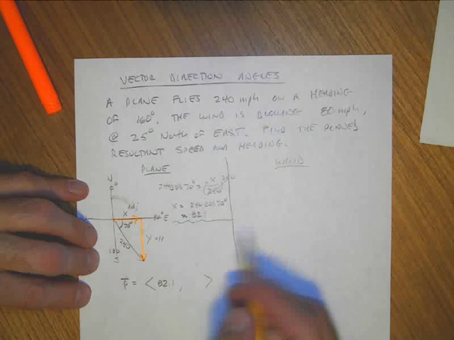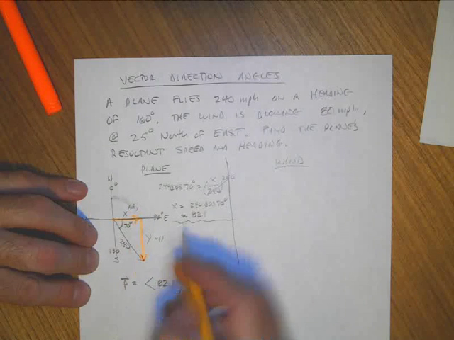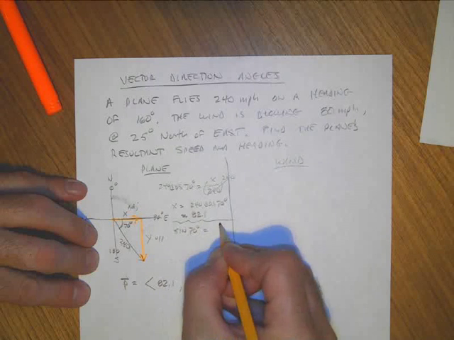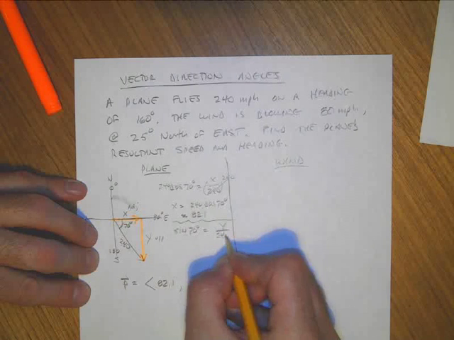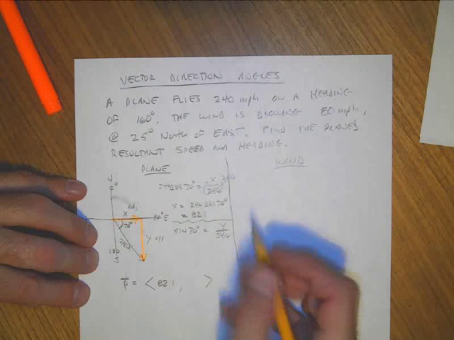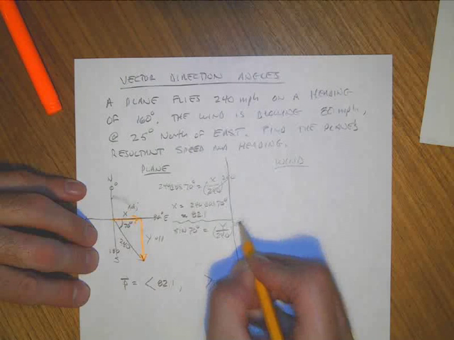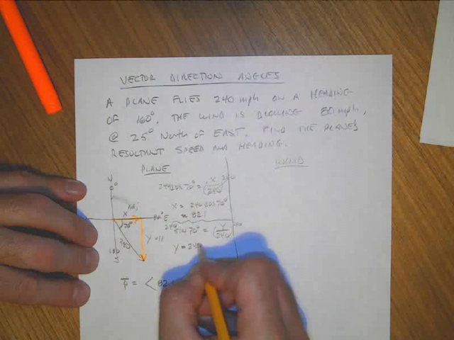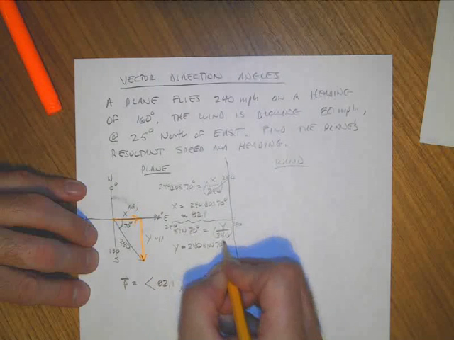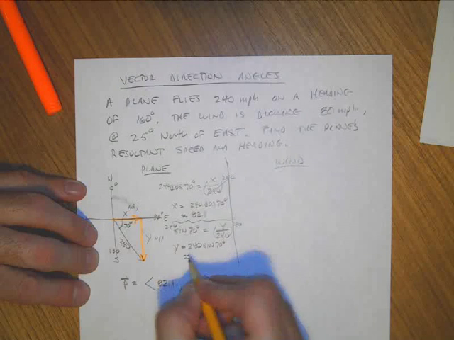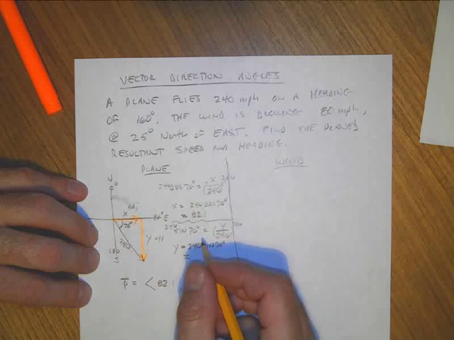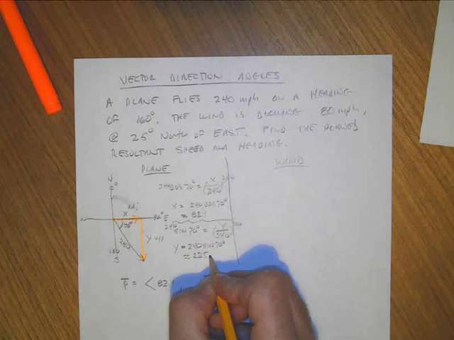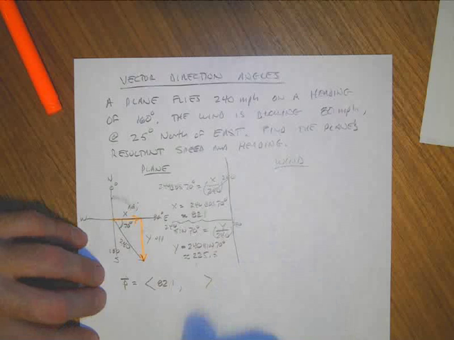Let's do the same for the y. Opposite over hypotenuse is sine 70 degrees, opposite over our 240-mile hypotenuse. And then we can multiply both sides by 240, and we will get y equals 240 sine of 70 degrees, which comes out, using your calculator, approximately 225.5.